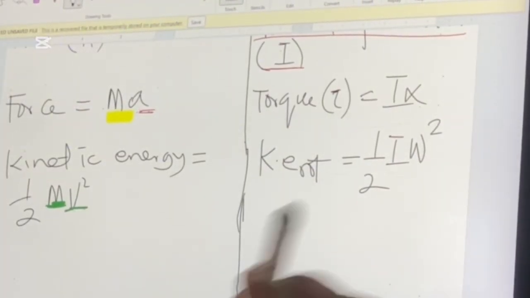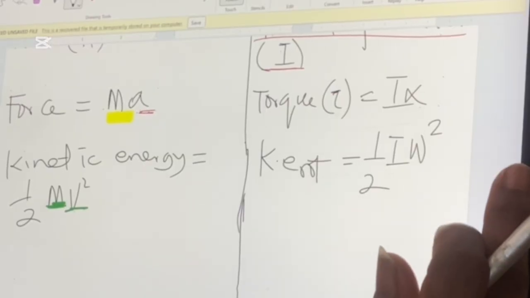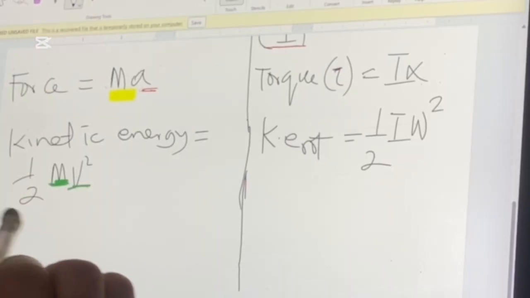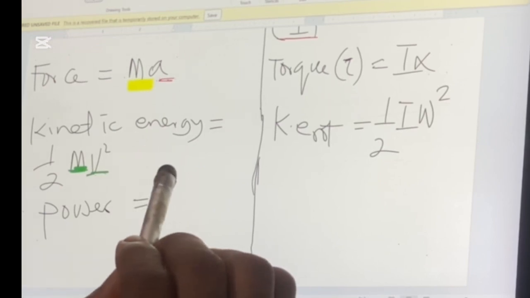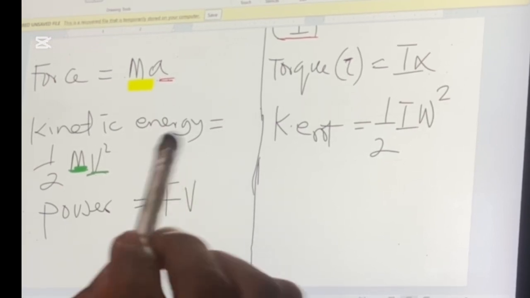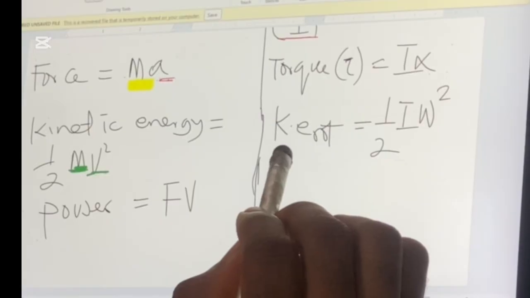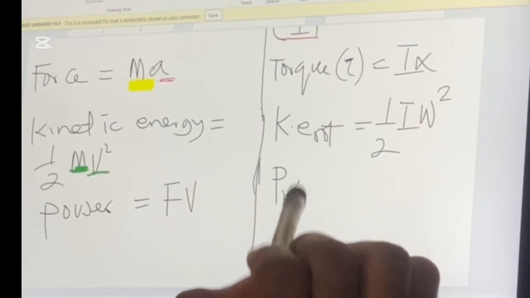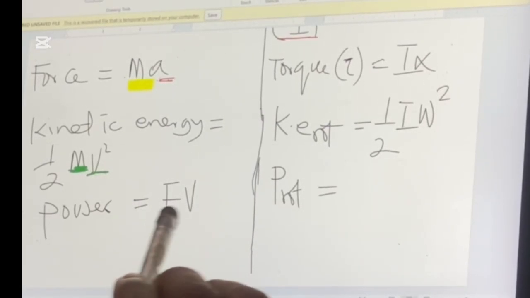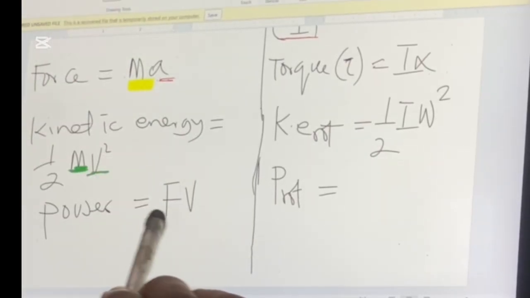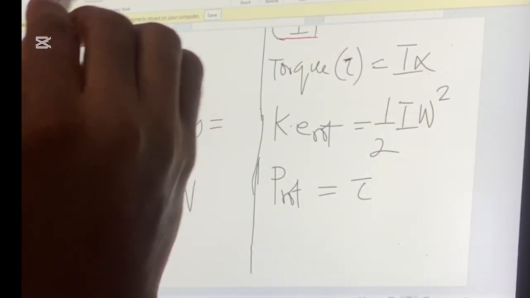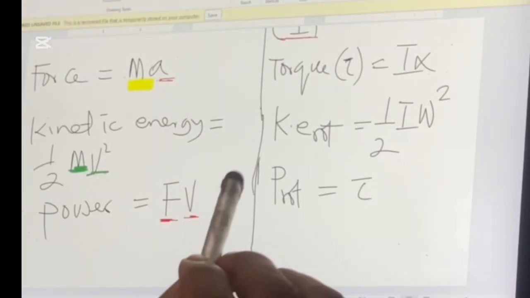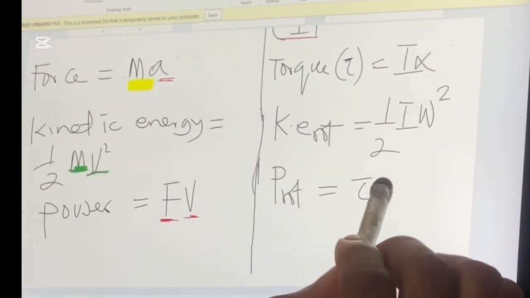Please take note. The next one here is power. Linear power is force times velocity. Here we call it rotational power. So let's relate: we use tau to represent force in circular, so this is tau, and we use omega to represent final velocity, so this will be omega.